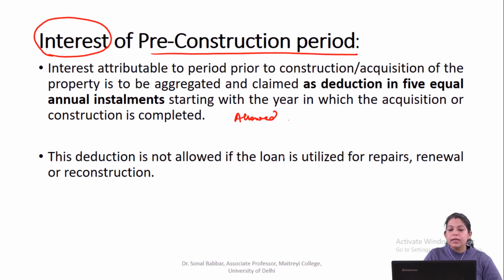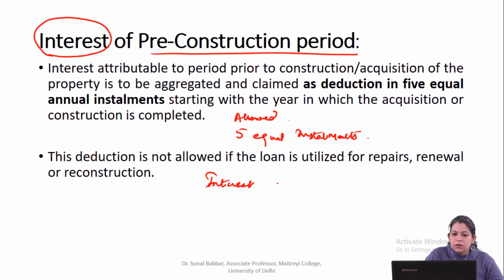But this is not allowed in one go. It is allowed in 5 equal installments. So you have to find out the interest of pre-construction period, then divide it by 5 to get the annual installment.